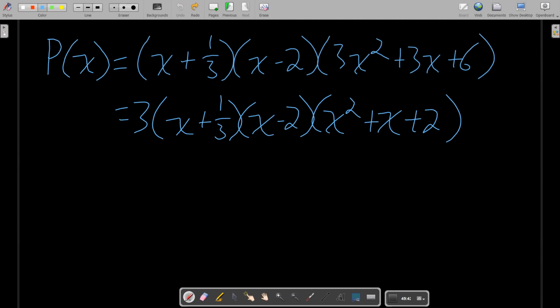Okay, so my zeros for this function's polynomial, all right, are x is equal to negative 1/3, which we got with doing the factor theorem. x would be equal to positive 2, again, the factor theorem.